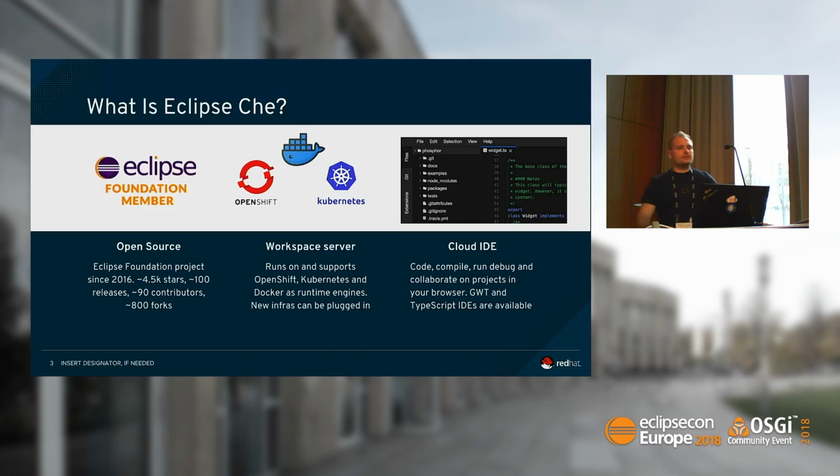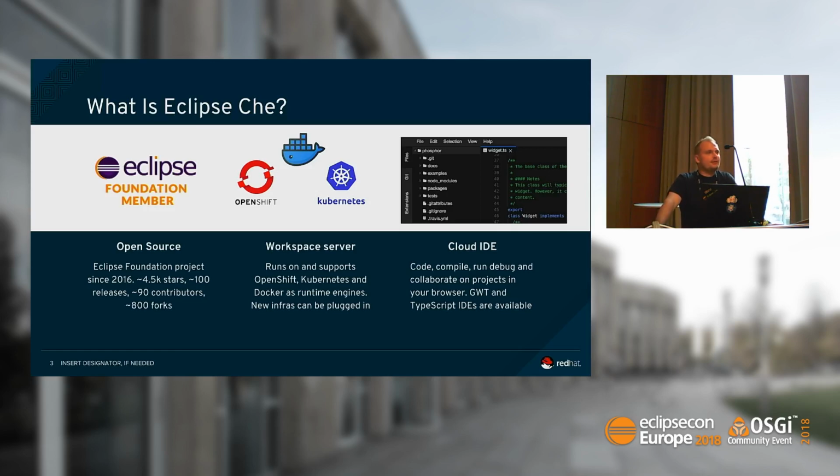As a Workspace server, Eclipse Che supports Docker, Kubernetes, and OpenShift. By saying it supports a particular infrastructure, it means that Eclipse Che both runs on those infrastructures and uses them to create cloud workspaces, using the underlying APIs to create and manage cloud workspaces. And a cloud IDE is what it is.